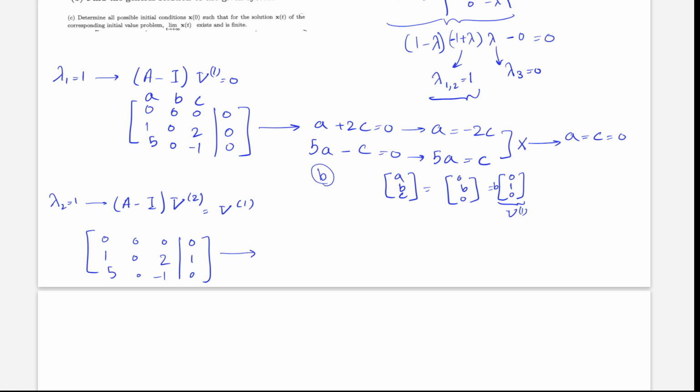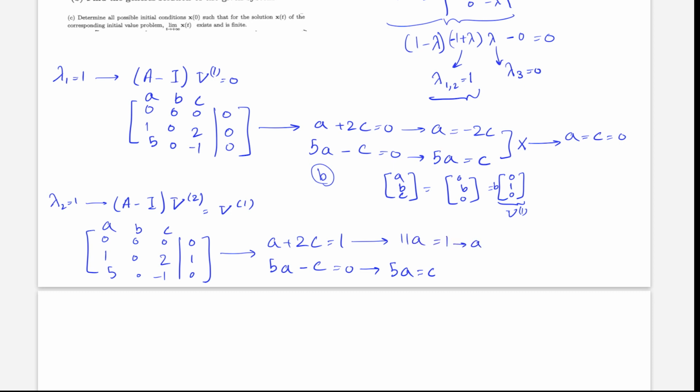So from here, again, A, B, C. A plus 2C is 1, and 5A minus C is equal to 0. So from here, we can clearly see 5A is equal to C. And if we plug it into the 2C, it will be 11A equal to 1, right?